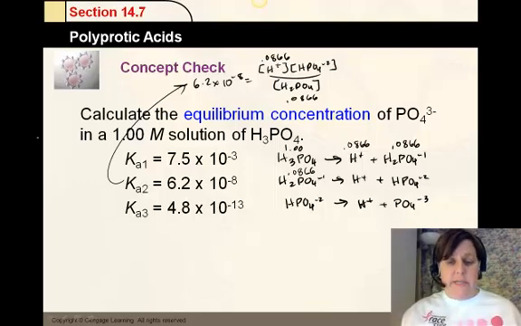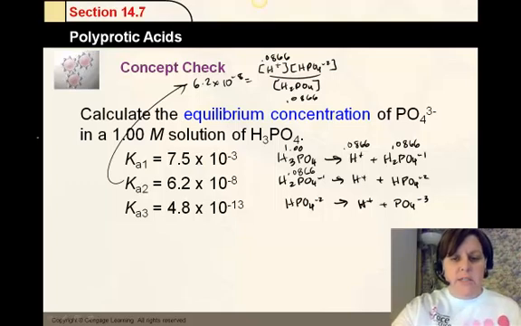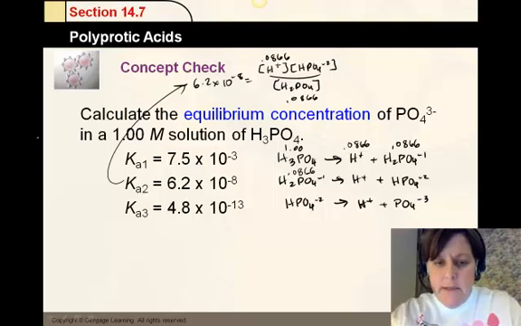So the only hydrogen that's important is really the first one. When we solve this, this times this over 0.0866, these cancel.